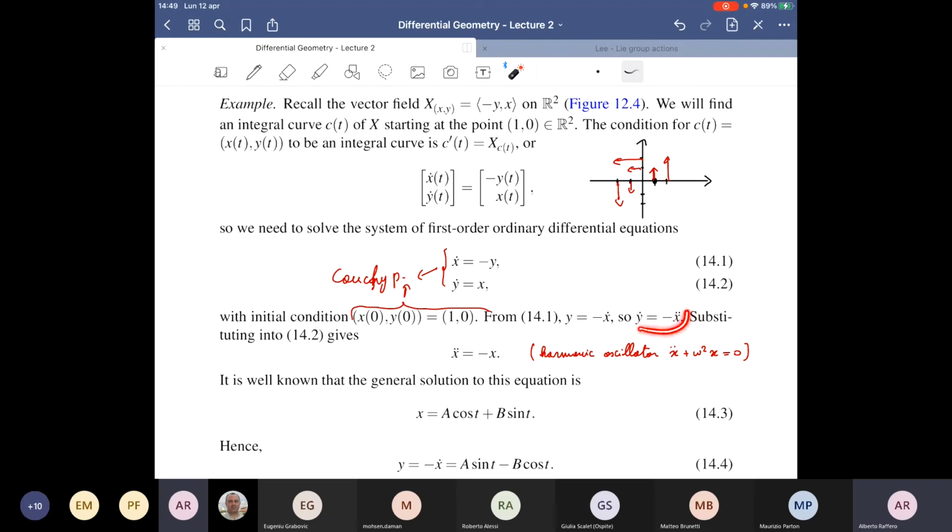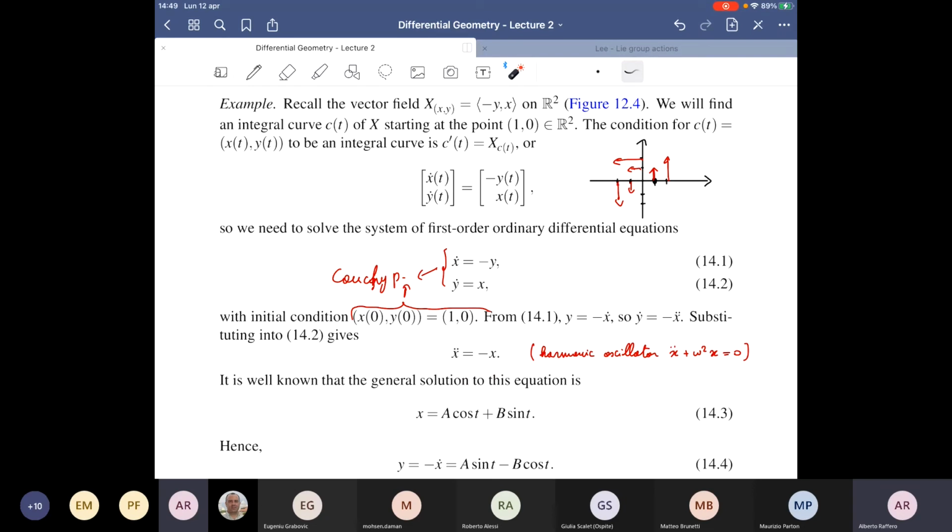And replacing this in the second equation here, what you end up with is this second order ODE for the function x. This might be kind of familiar, probably you've already met this type of equation. This is an example of the differential equation associated with the so-called harmonic oscillator.